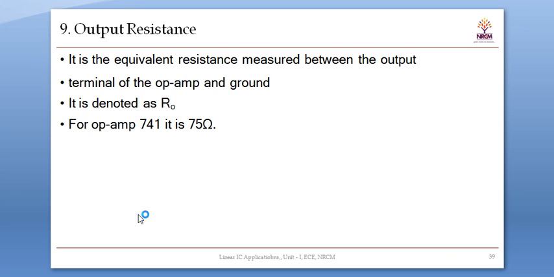If you connect the ohm meter, one terminal of the ohm meter should be connected to the output terminal, while the other terminal should be connected to ground, and whatever the resistance counted by your ohm meter, that resistance is called output resistance, and it is denoted by the letter R0. For op amp 741 the value of R0 is 75 ohm. So this is about output resistance.